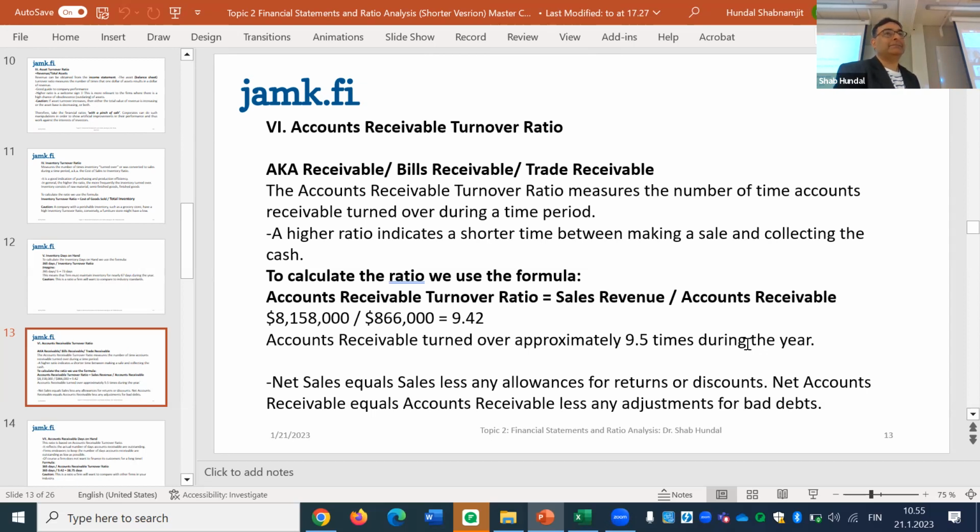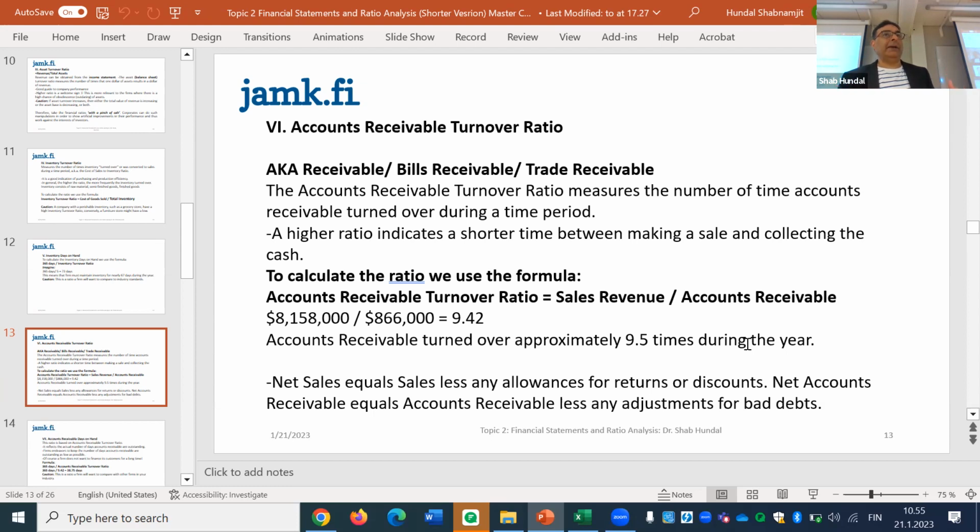As soon as possible. So the accounts receivable, or bills receivable, or trade receivable ratio shows how many times in a year, or in a certain span of time, your accounts receivable basically pay you. If you make a sale now and they pay you in 1 month, it means your accounts receivable turnover ratio is faster.